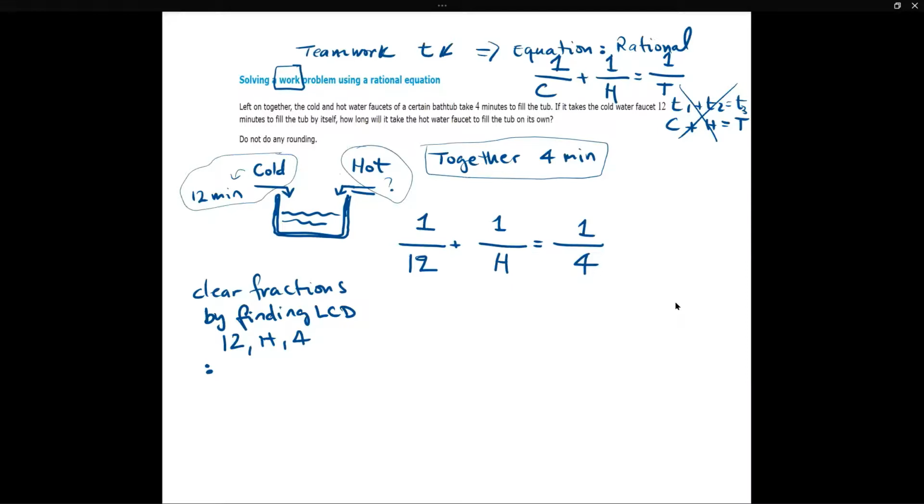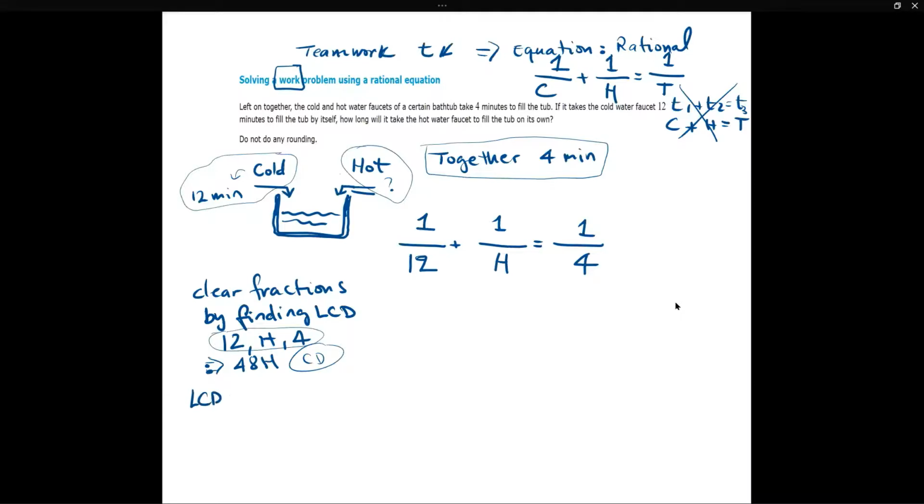If we do 48H, of course, it has all these numbers. This is a common denominator. It also works, right? I did 12 times 4 times H, that gives me 48H. If you use this one, it will work. You will need to simplify at the end.